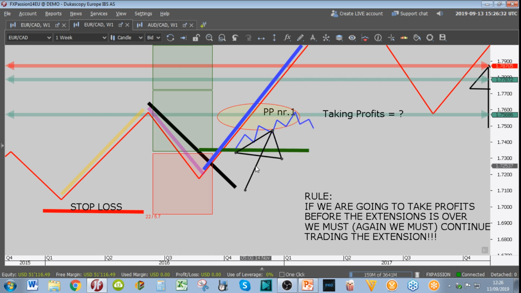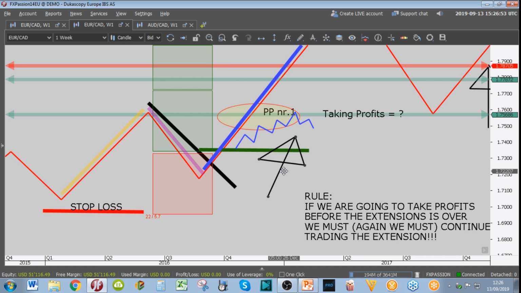Nothing wrong, because I knew I entered in the great place, I had my stop loss, and I knew, or at least I could have expected, that something is going to change here, right? So is it wrong? No. Okay. $1 million question, everyone.